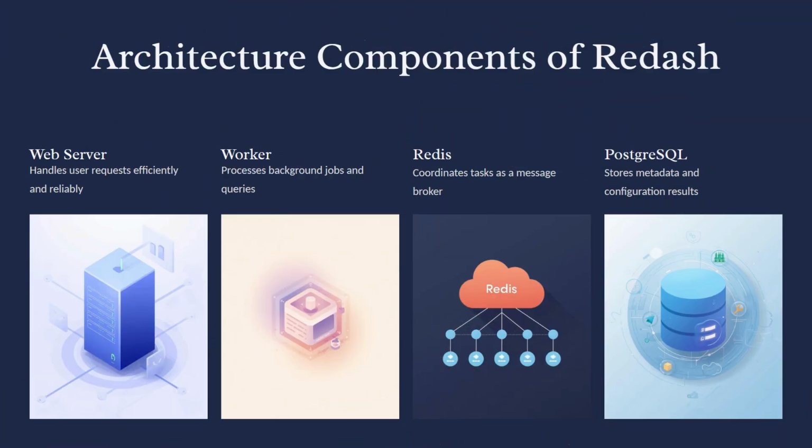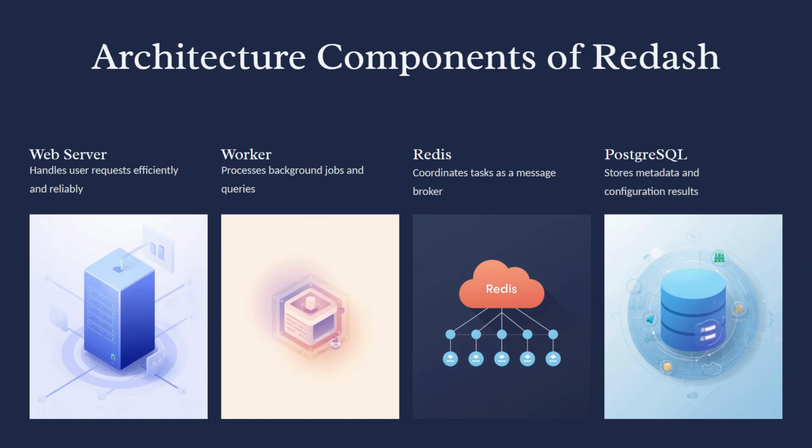Let's break down Redash architecture at a high level. Redash consists of five main components. First, the web server, the UI where you write queries, manage dashboards, and configure settings. Second is the worker, which executes queries asynchronously using Celery and Redis.